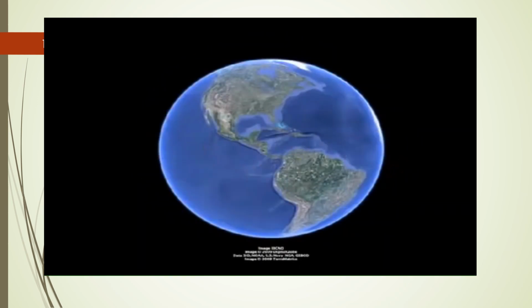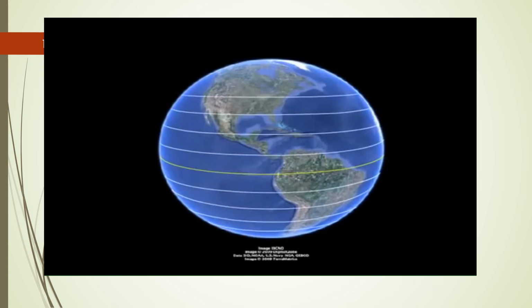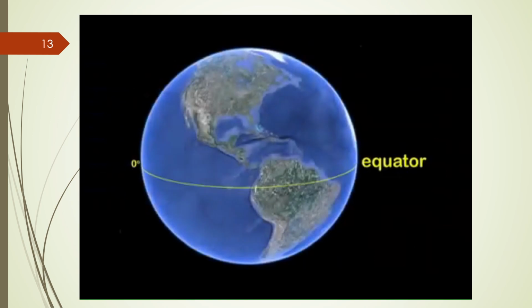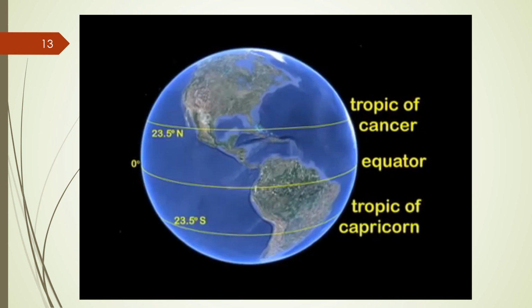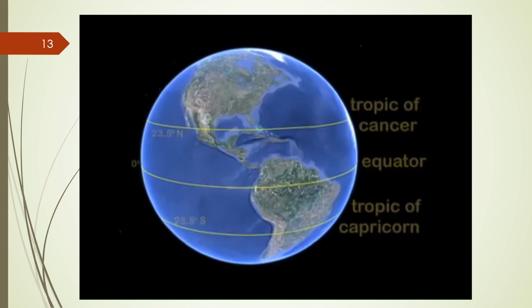Latitude. Lines of latitude, also known as parallels, circle the globe from east to west. The equator lies at 0 degrees, halfway between the North and South poles. There are several other unique lines of latitude. The Tropic of Cancer lies at 23.5 degrees north, and the Tropic of Capricorn lies at 23.5 degrees south.